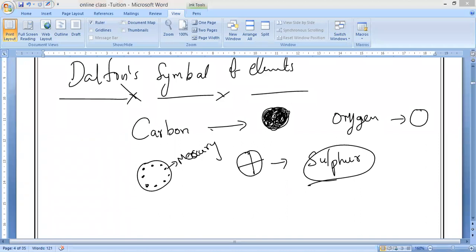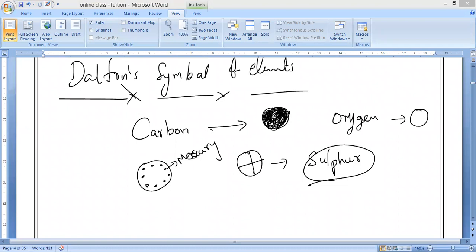That is why immediately one more scientist came, because the sketches and all are very difficult to remember. Understanding? It is very inconvenient for us because everything is a circle or some shape. So we are getting confused, and it is very difficult to draw. So Dalton's symbols are only of historical importance.